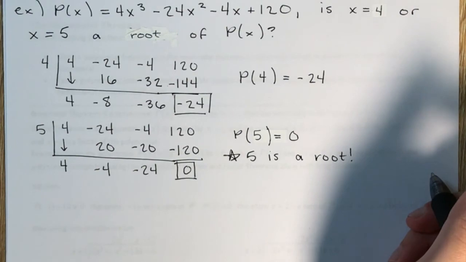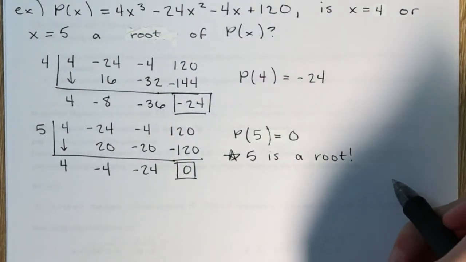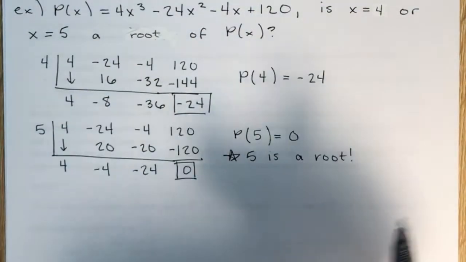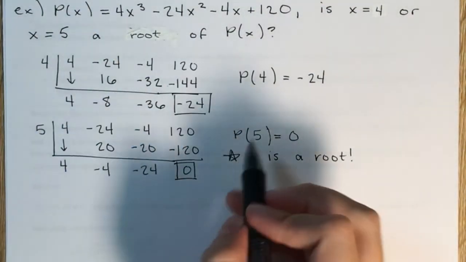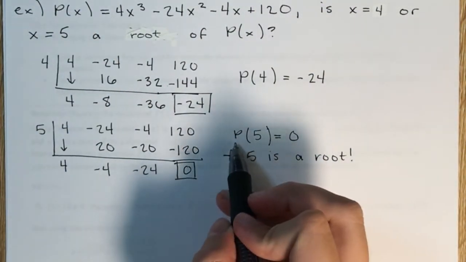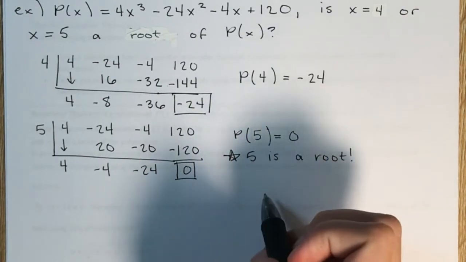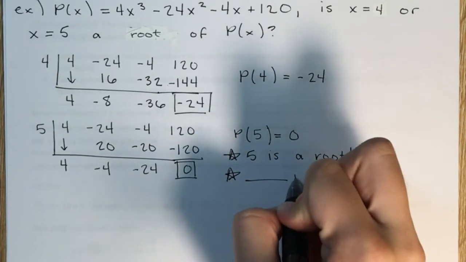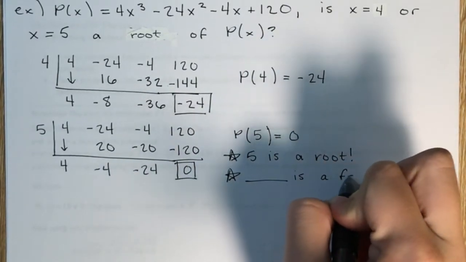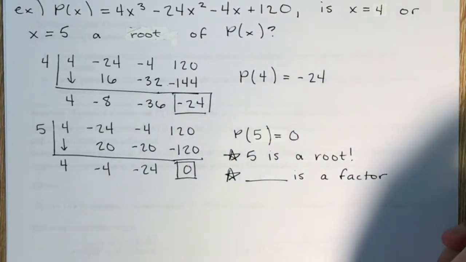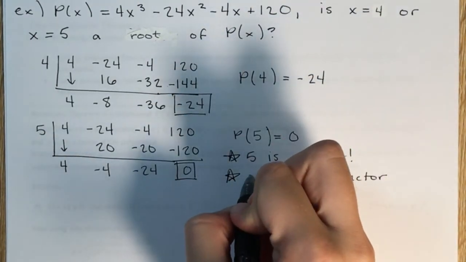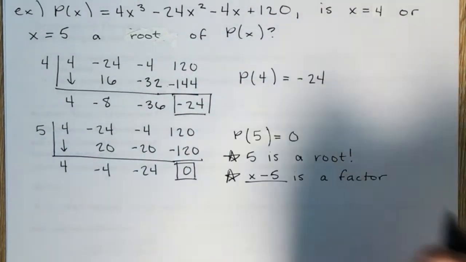Awesome. Now let's say that after we found this root, we were asked to factor this polynomial all the way. So let's factor it out. Because we know p of 5 equals 0, what is a factor? Well, if c is 5, then we have x minus c or x minus 5.